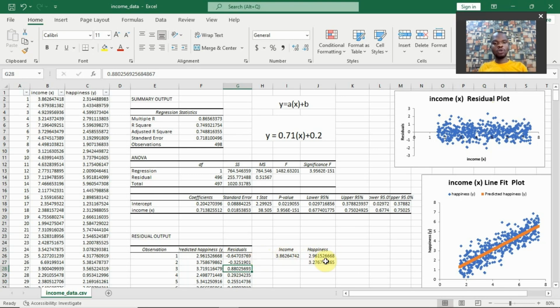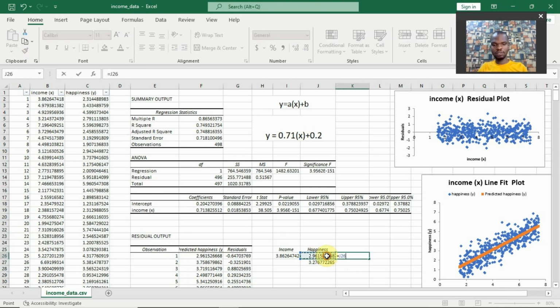Okay, so look at this particular value where I used an upper 95% to predict. It is telling us that the value should have been 3.276. So that's the reason why we cannot go with this value. Let's also see what the difference in residual would have been. So let this be equal to this minus the actual value, which is this. Okay, and I don't want this to change while I go down.